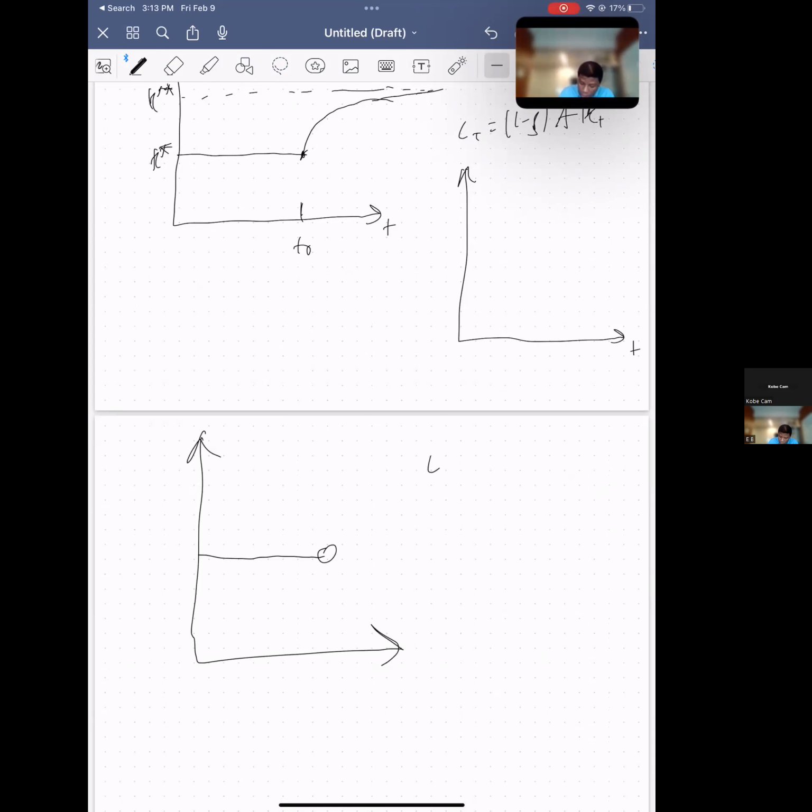Well, at time t0, this savings rate has gone up. This S is negative. It is hurting our value of CT0 at t0. So that means it's going to bring it down. That's our initial direct effect.